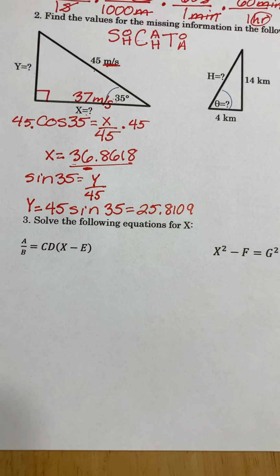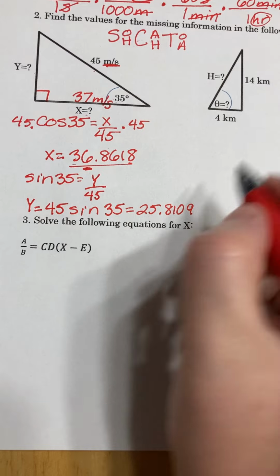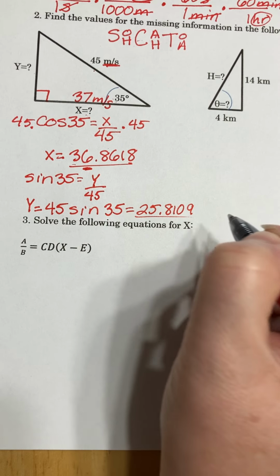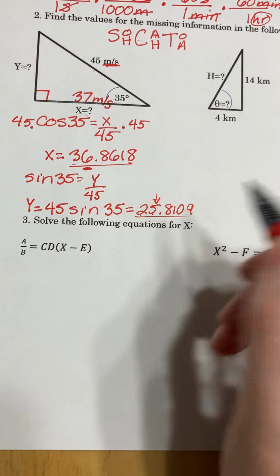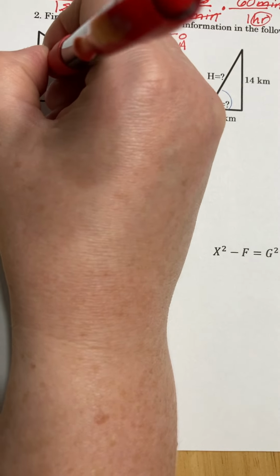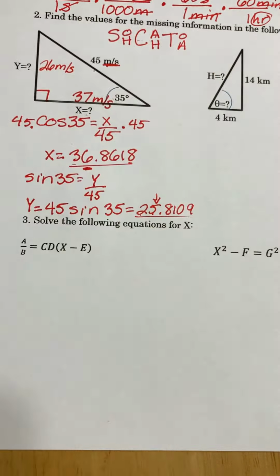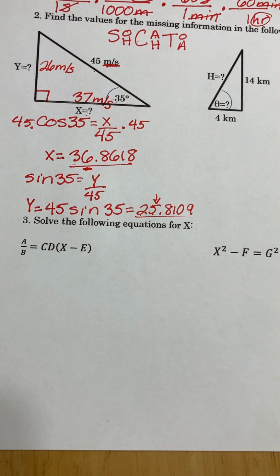Make sure your calculator is in degrees. If you're not getting these numbers, it's probably because you're in radians. So double check that. This is our last digit that's meaningful, so we're going to make that 26, in the same units as our original measurement, meters per second.